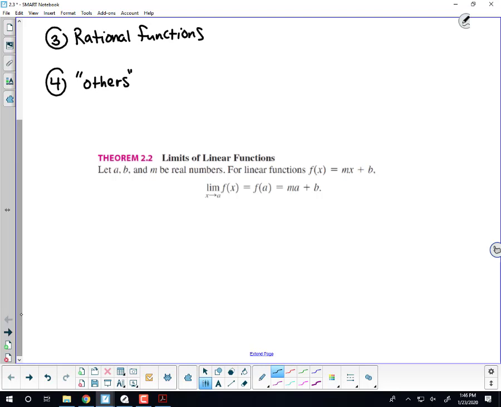So in other words, for linear functions, to evaluate this limit, all we have to do is plug in a into the function. We call that direct substitution. We're directly able to plug that x value that we're approaching into the function.